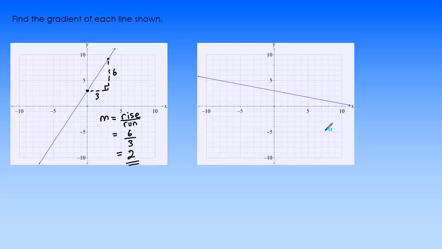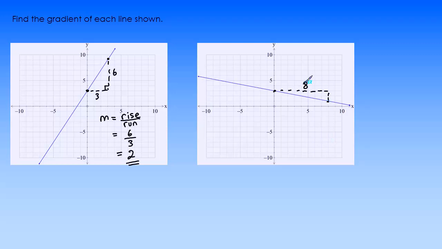Now for this one, let's do the same sort of thing. We'll find 2 grid points. Now I think that seems to be a grid point just there, and this one seems to be a grid point. Now always form your right-angled triangle by going across to the right first, so that the run is positive.